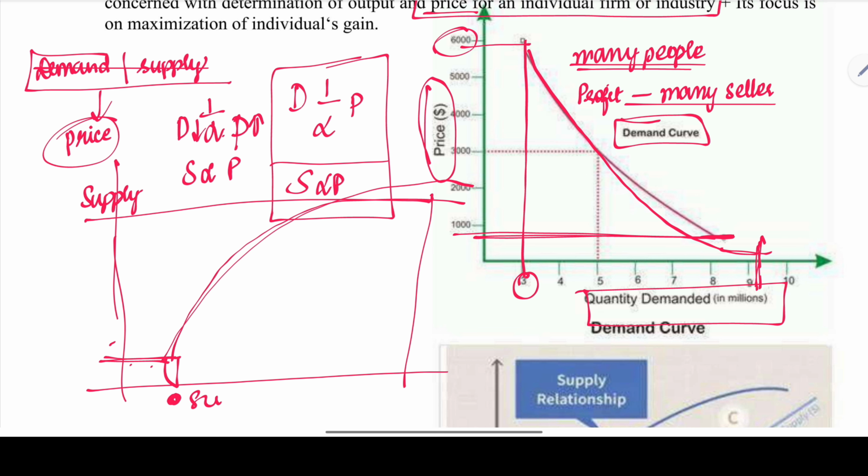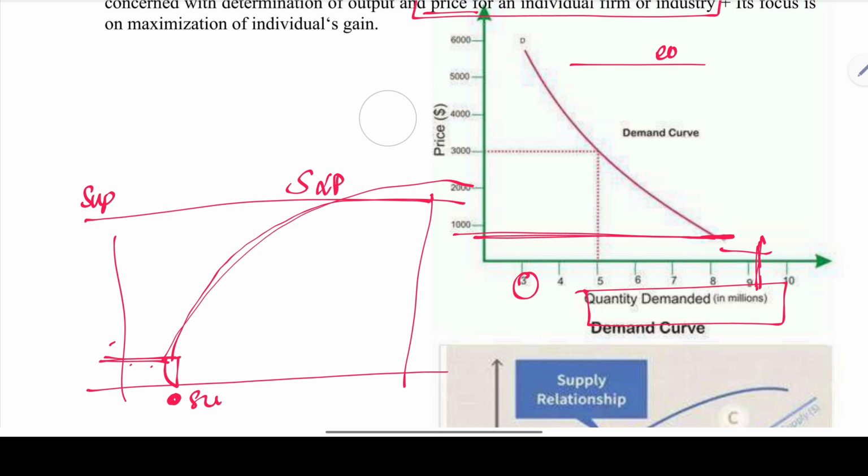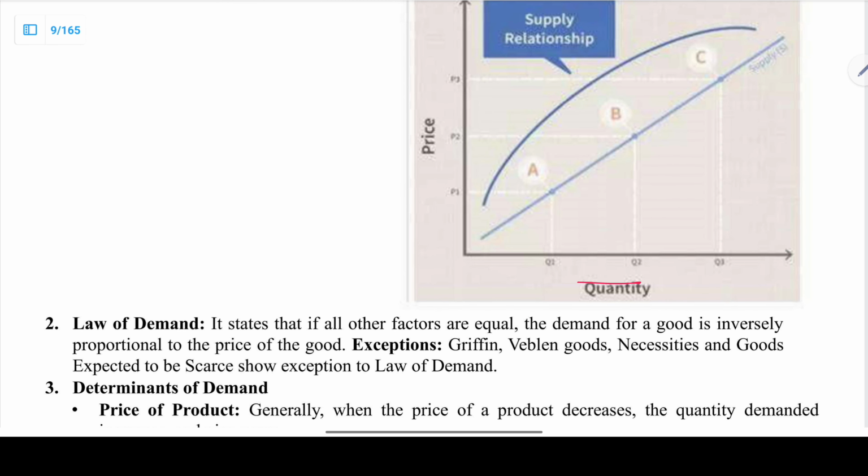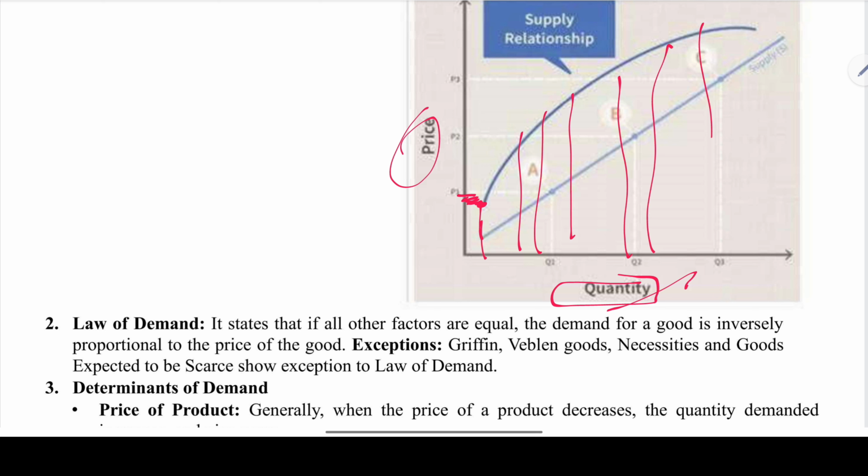These are the two things we can infer from these diagrams of demand and supply with respect to the price: the quantity demanded versus price, and the quantity supplied versus its price. When the supply is low, the price is also low. When they start supplying more, the prices increase.